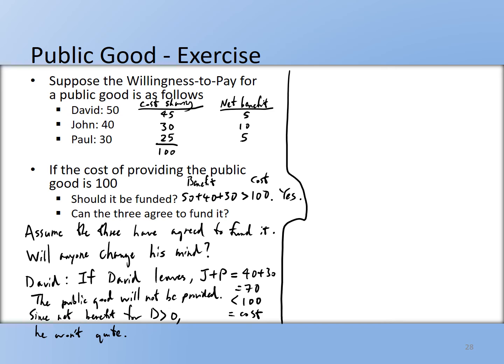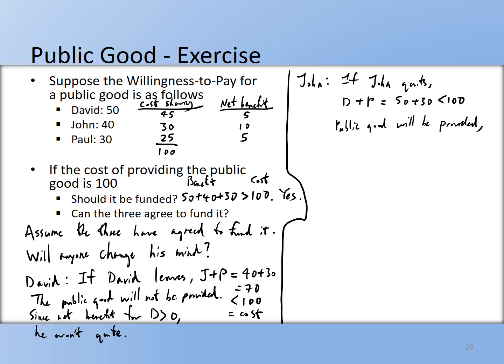Similarly, you can think about what happens if John quits. David plus Paul together can pay 50 plus 30, which is more than 100. The public good will not be provided. Since the net benefit is bigger than 0, John will not quit, right?